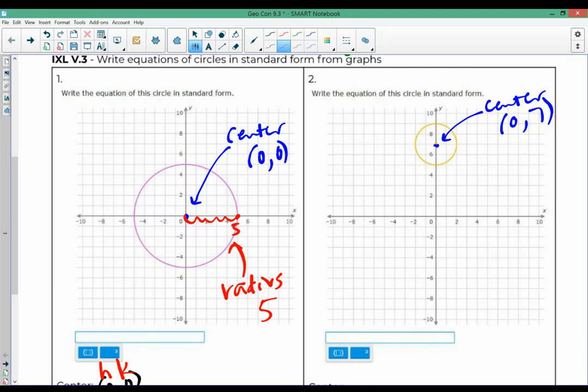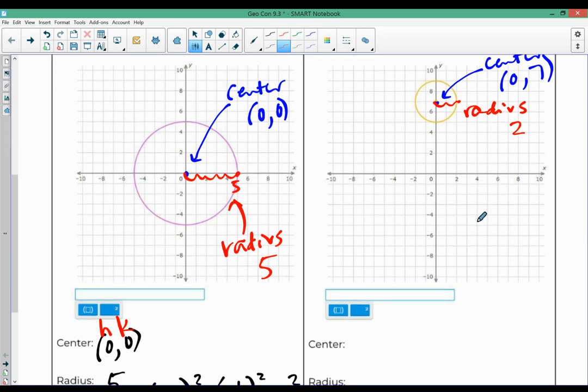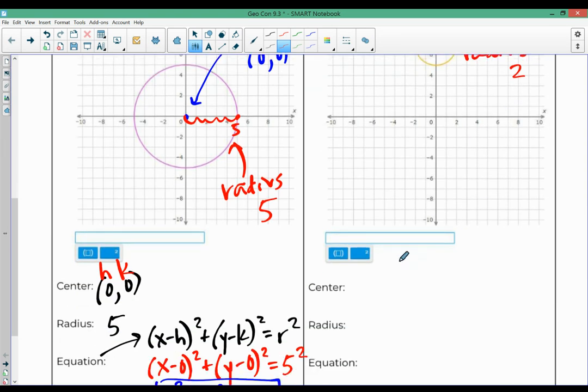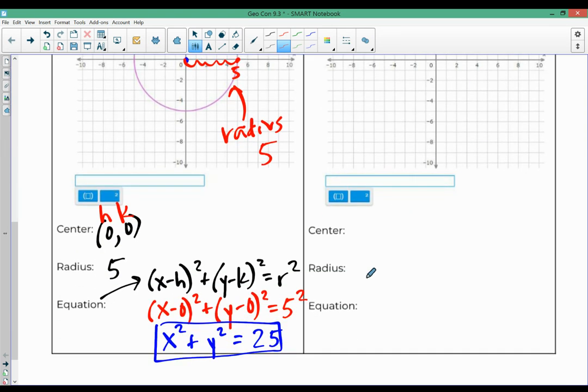And then the radius, you just go out 1, 2. The radius is 2. All right, so we'll just write that here where it needs to go. So our center is 0, 7, and the radius is 2.